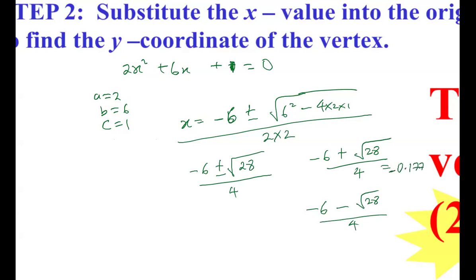The answers are minus 0.177 and minus 2.8228. That's it. So you can just pause this video, do it yourself, then check the answer to see whether you got it right.